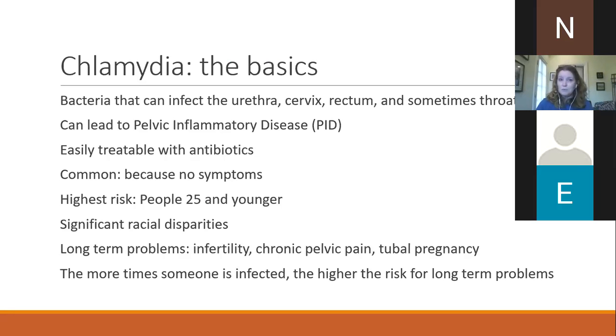So it's curable, but when you get it a second time, the way it interacts with your body induces a really big immune response. Your body has this giant inflammation that it doesn't have towards other types of bacteria. So the more you have it, the higher you're risking some of the long-term complications. It's treatable, but it's important not to get it repeatedly.